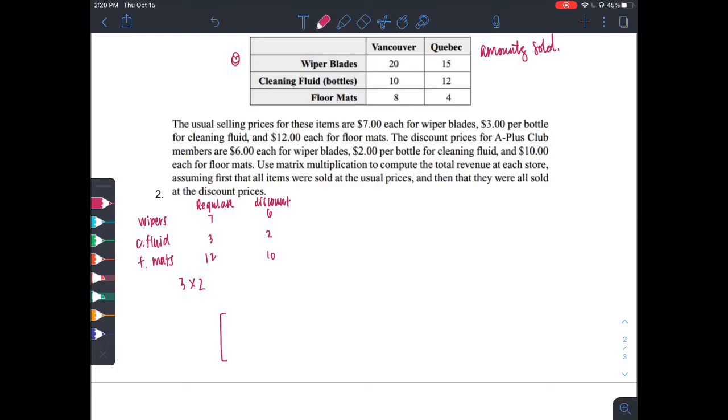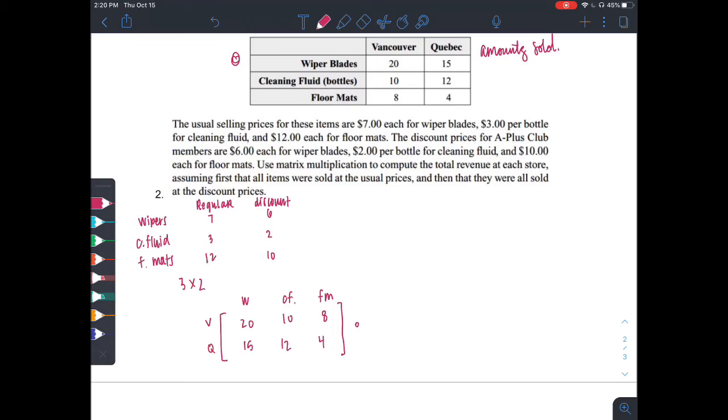So here we have Vancouver and Quebec, and then we've got wiper blades, cleaning fluid, and floor mats. So we have 20, 10, and 8, and then 15, 12, and 4. So all we did was we flipped this chart onto its side.